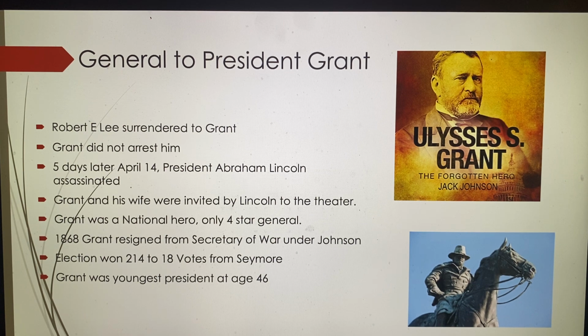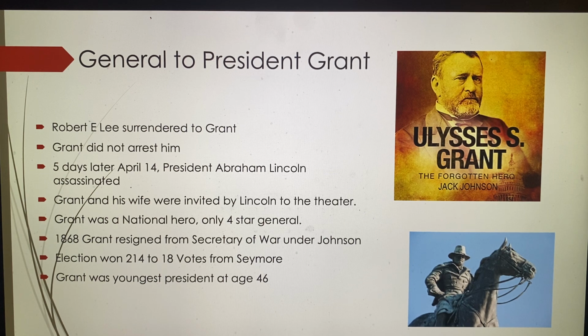Well, his wife, Julia, which is Grant's wife, decided that she wanted to go visit her family, her son, so they were going to leave. But we find out really that Julia was not fond at all of Mary Todd Lincoln, Abraham Lincoln's wife. She did not like her. So she didn't want to go to a theater with her. So she basically told Grant she didn't want to go. So they did not go.